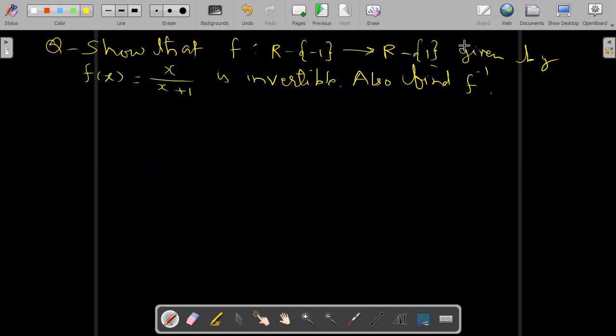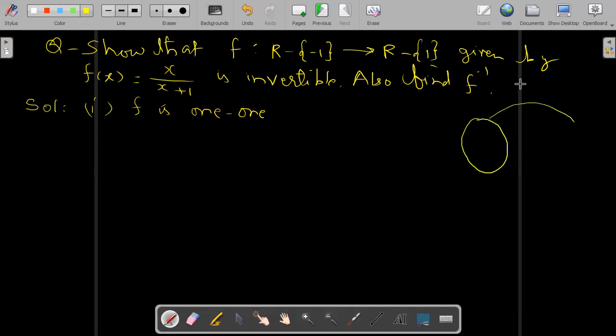First we have to show f is 1-1. According to step number one, we will prove that f is 1-1. Here we are not including minus 1 because minus 1 plus 1 becomes 0 and the right-hand side gives infinity.